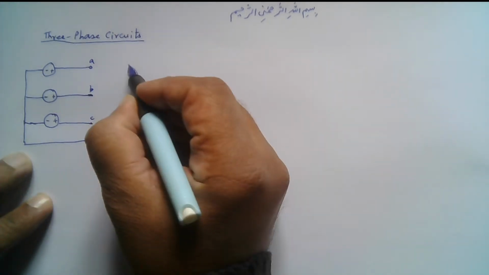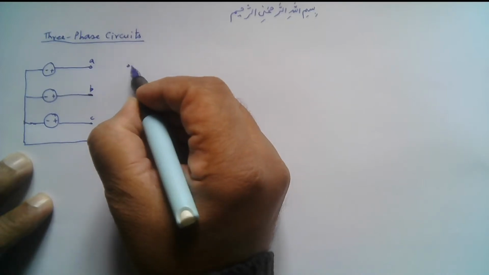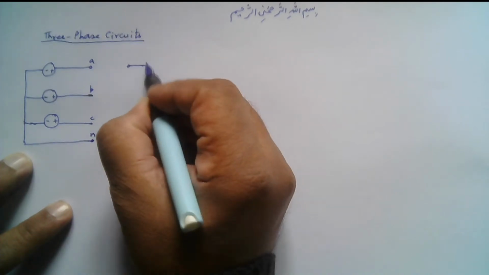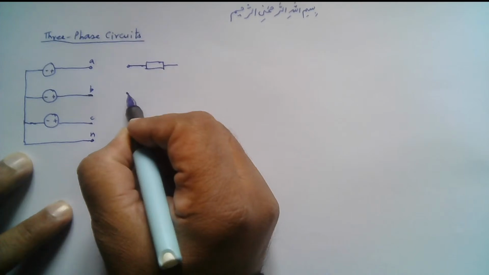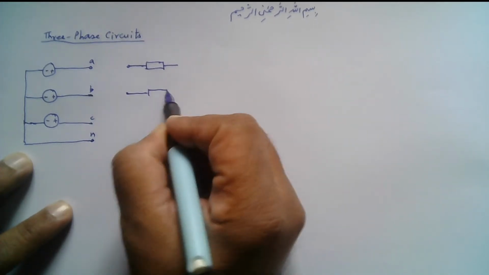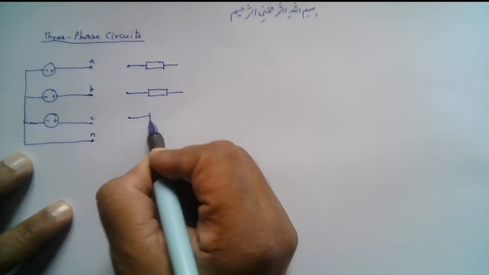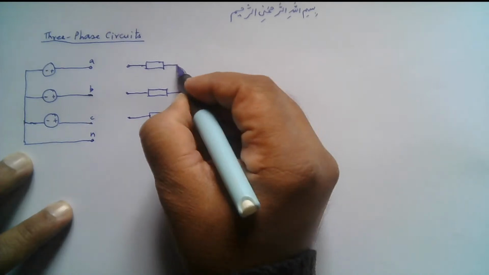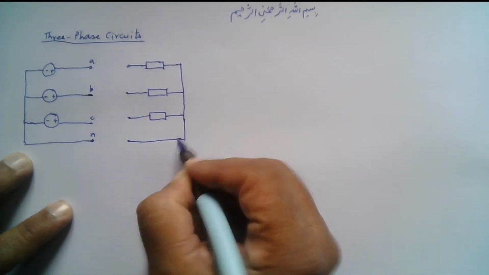On the other side, we have, for example, a load, an impedance. Here also, again, this is a three-phase load. We have three phases, and these are connected together like this, and we have our neutral wire here.